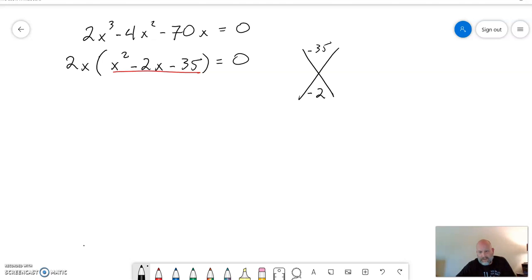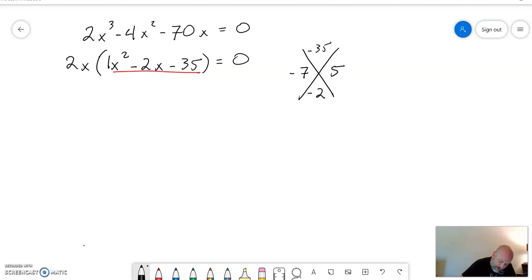It's either some combination of 1 and 35 or some combination of 5 and 7. And in this case, it's going to be the 5 and 7. Negative 35 is negative. So that means the two numbers I multiply have to be a positive and a negative. Otherwise, I'm not going to get a negative product. And if I'm going to add them together to get a negative number, the bigger of the two factors has to be negative. So this gives me negative 7 and 5.